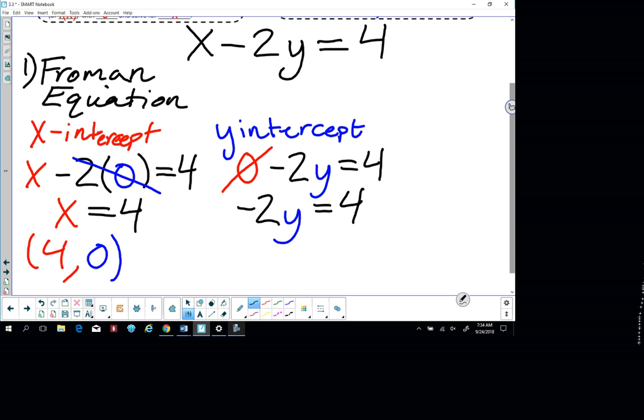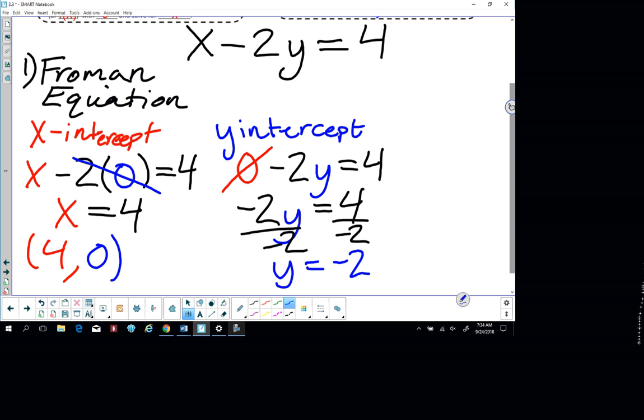So what's my next step for solving for y? Divide by what? Negative 2. So we're going to divide by negative 2. And we're left with y equals, what's 4 divided by negative 2? Negative 2.